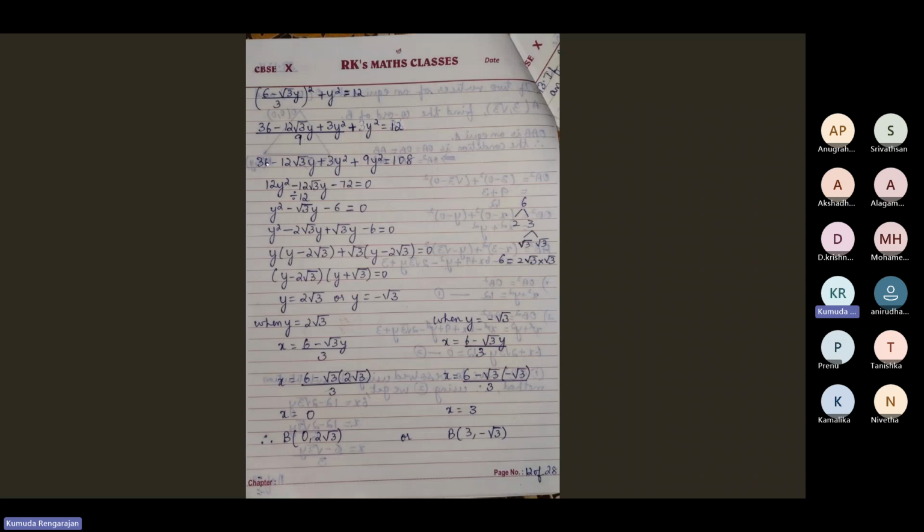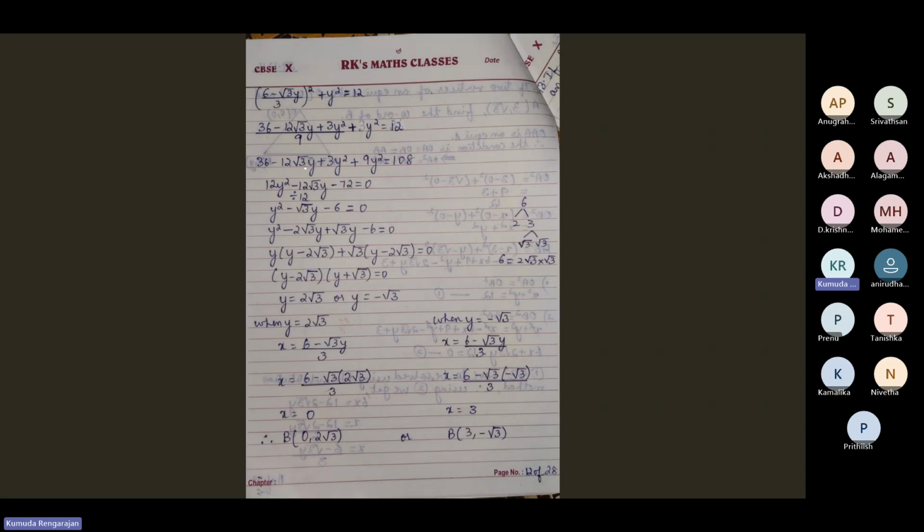So you can see 36 minus 12 root 3y plus 3y squared, then 9y squared, by 9 is equal to 12. I've cross multiplied that, so 9 into 12 is 108. I've written 108.